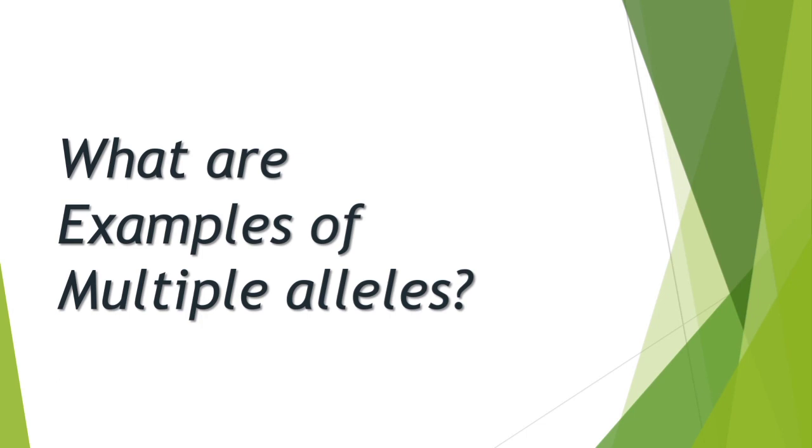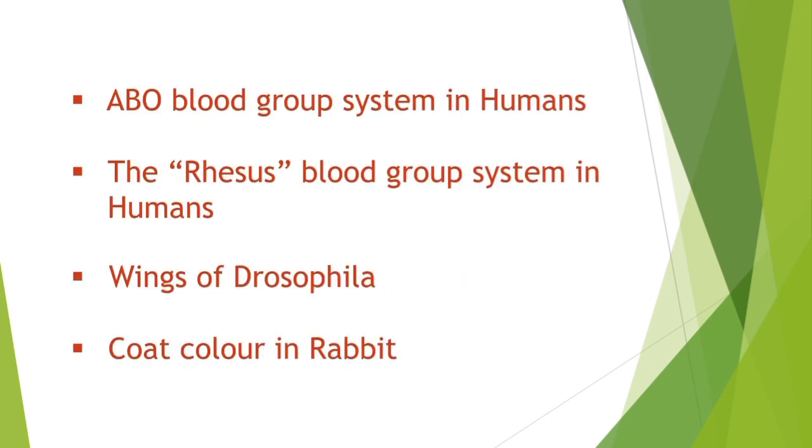So what are the examples of multiple alleles? One of the classical examples of multiple alleles is the ABO blood group system in humans, which generally consists of three kinds of alleles, and upon those three kinds of alleles one individual can have the types of blood groups present, that is A, B, O and AB.